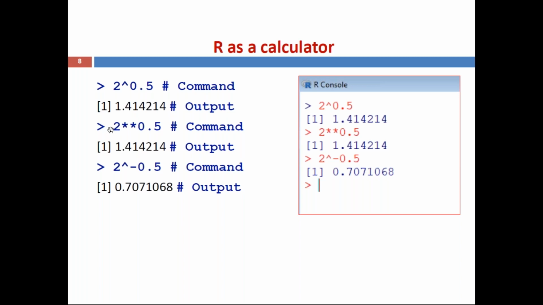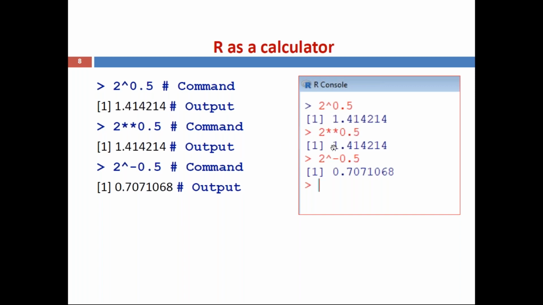Next, the second example, same power operation. We can use another operator also, the double asterisk, which gives the same operation. 2 double asterisk 0.5 is the command. That is again 2 power 0.5, 2 power 1 by 2, the square root of 2.